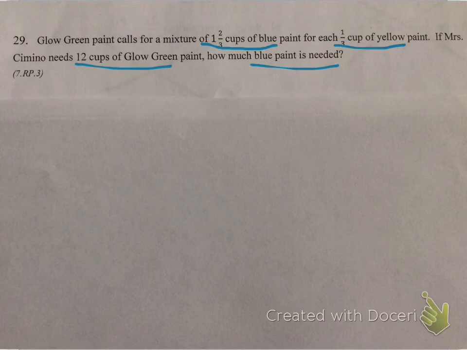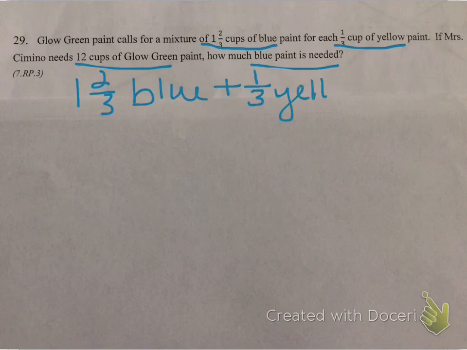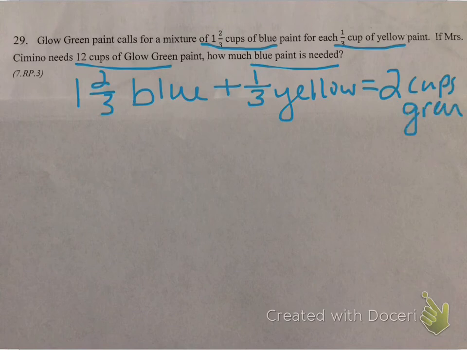So the best way to do this is if you have 1 2/3 of blue plus 1/3 of yellow. Together, that would make 1 2/3 plus 1/3, you should be able to do that mentally, is 2 cups of green. So when I mix the ratio that they give me, I have 2 cups of green, but I need 12 cups of green.